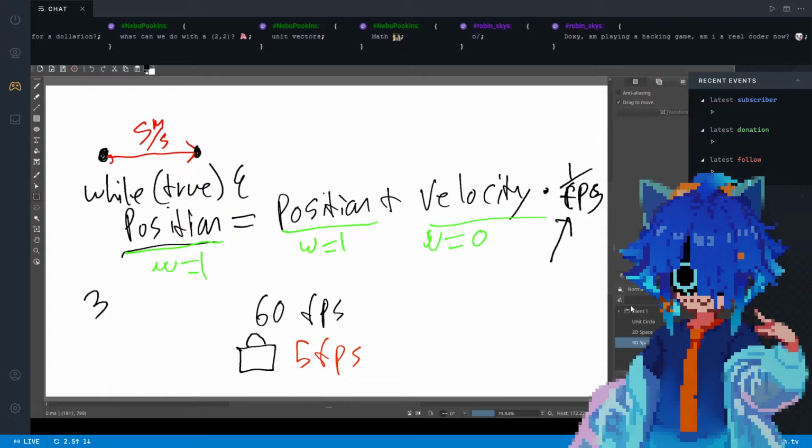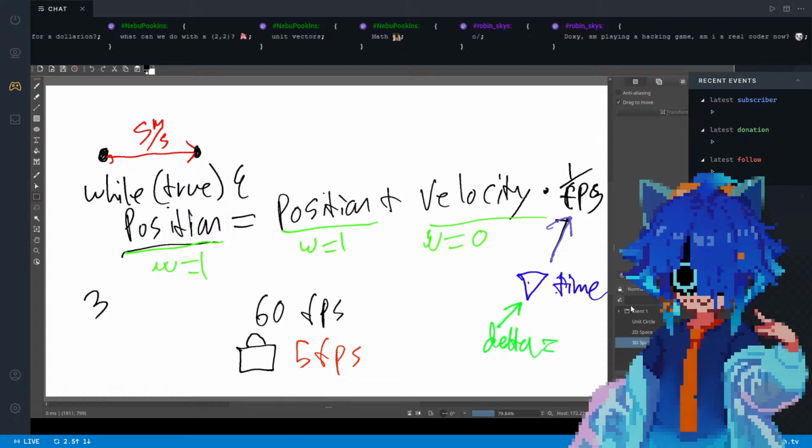And usually we write this in a slightly different way. Instead of calling it 1 over frames per second, we call it delta time, where delta is some scary looking Greek letter, which is just an upside down triangle.